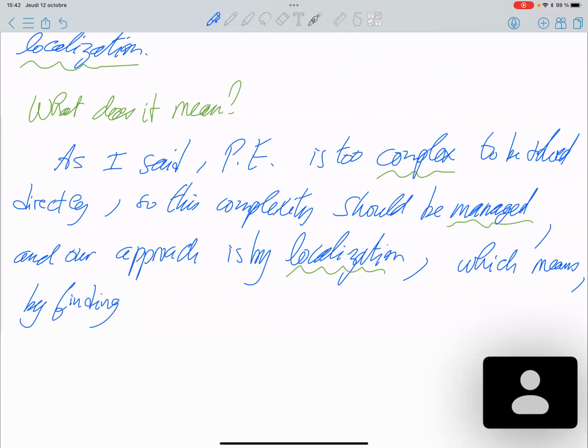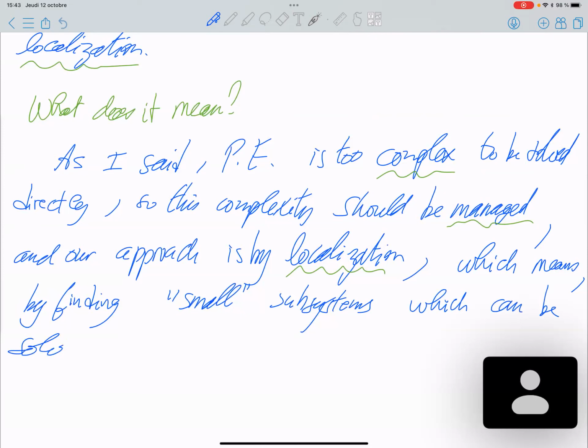And I guess I will have time today to provide the idea of how we can do that using our pictorial reformulation, which means finding small subsystems which can be solved directly.